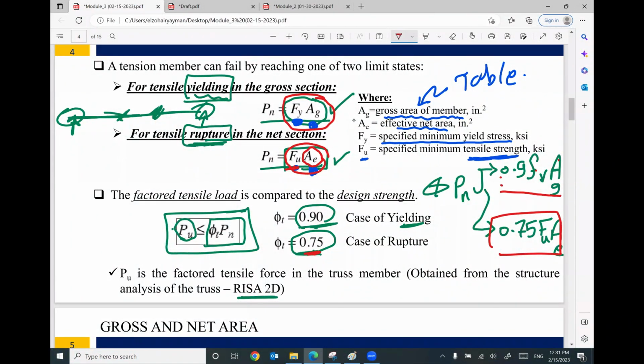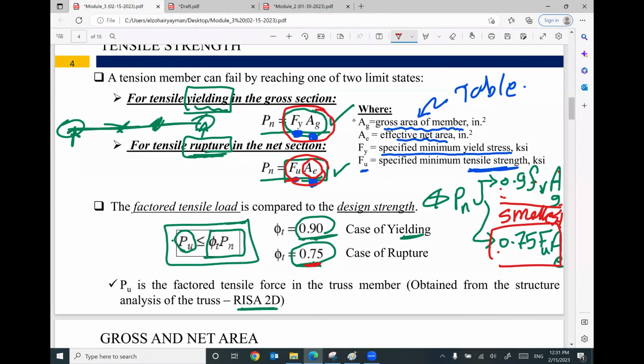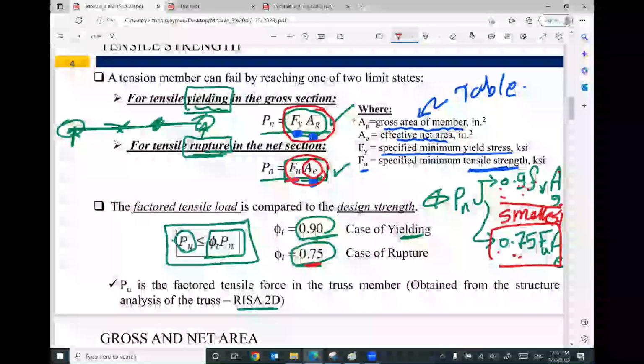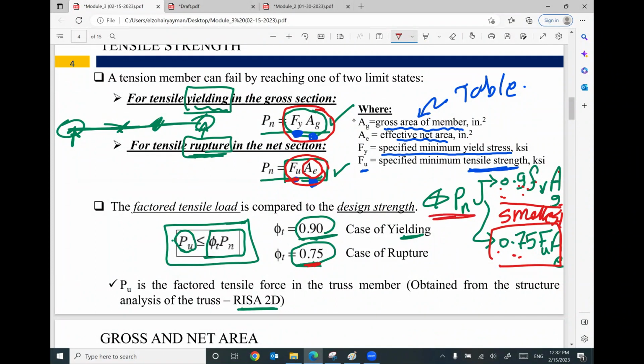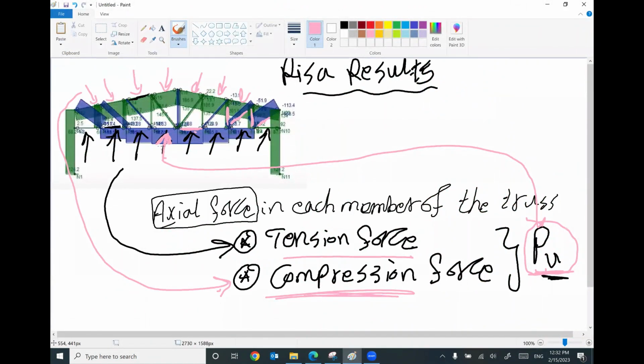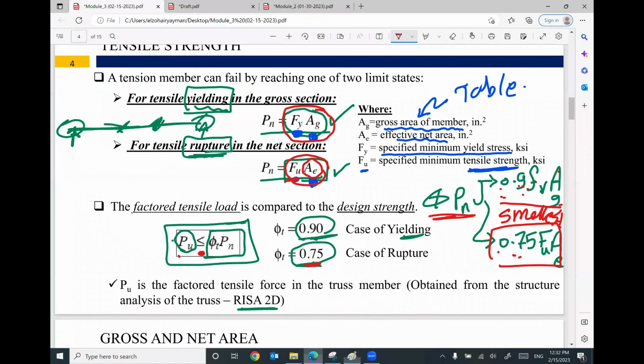Which value am I going to use? I'm going to use the smallest value. Keep in mind, the smallest value for phi Pn must be greater than or equal to the value of Pn, which is coming from the analysis. That means your design will be safe.